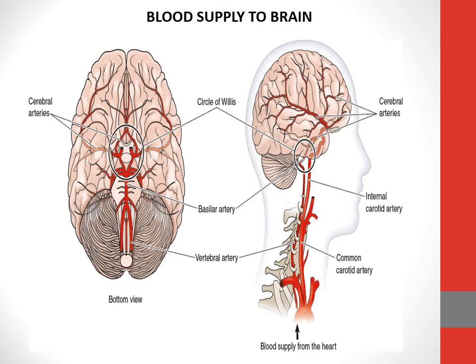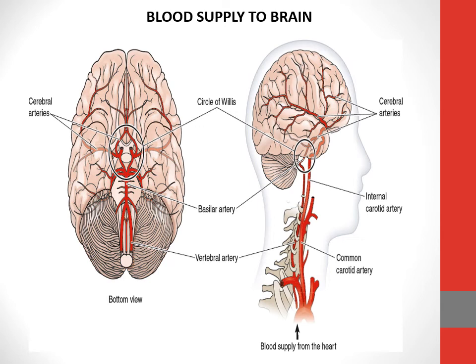Okay, let's just talk a bit about the anatomy of the blood supply to the brain. Okay, so there's going to be two main arteries on each side of your neck that are going to go through the skull and into the brain. So on each side of your neck, you're going to have an internal carotid and a vertebral artery.